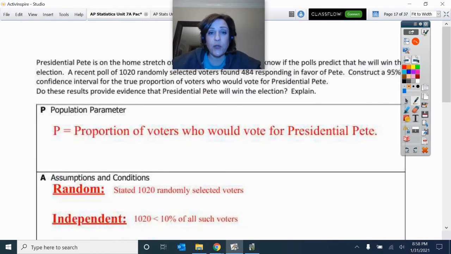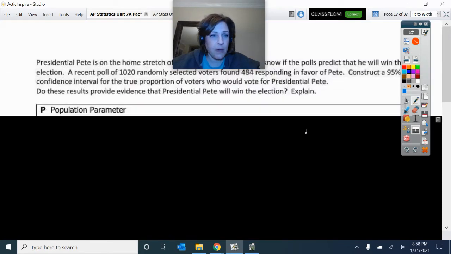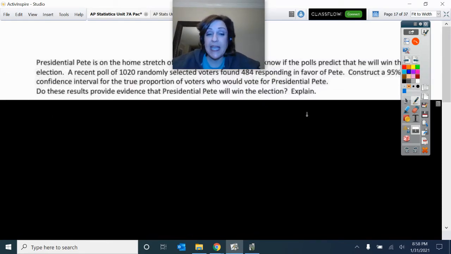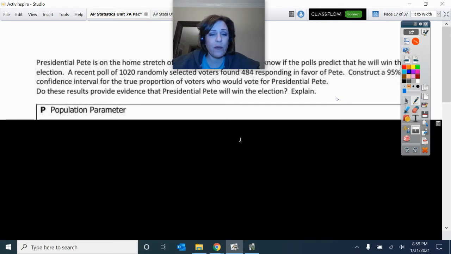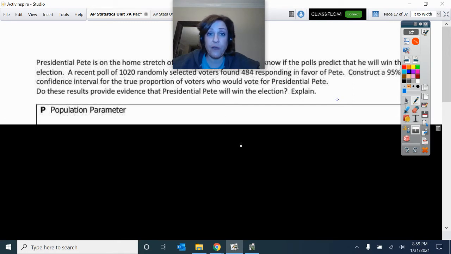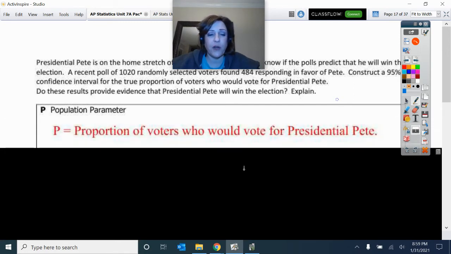All right, so let's do this one for this presidential Pete problem. So here we have our PANIC model for the presidential Pete interval that we want to make, and we are making a 95% interval, so here we go. So the parameter that we are doing, what is it that we are trying to infer? So p equals. This p is here not because it's the P of the PANIC model.